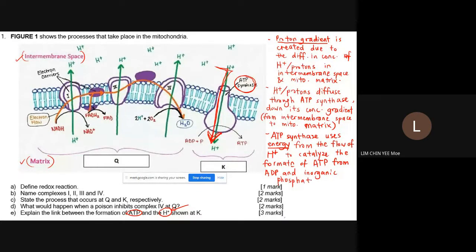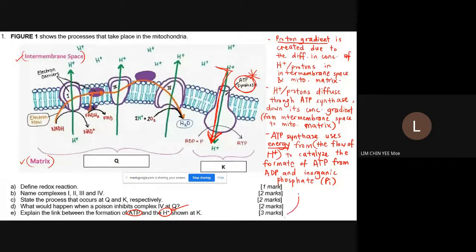Okay, tak boleh hanya cakap activated ya. So always have to mention the flow of H plus. The flow of H plus ini penting untuk ATP synthase. Sebab masa dia flow through yang dia ada energy, and energy itulah yang kita gunalah untuk form ATP from ADP and inorganic phosphate. Itu je.